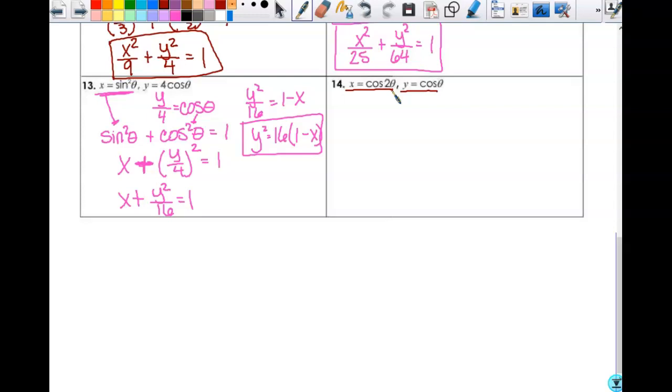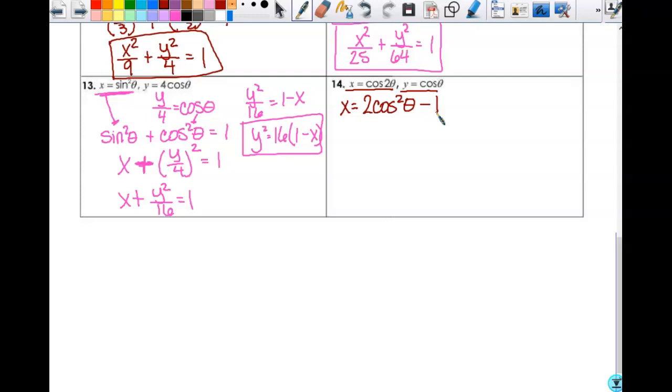If I'm going to try and substitute stuff and actually get rid of all of the trig stuff, then it would make the most sense for me to use the one that only has cosine in it, since this has cosine right here. So I'm going to make this x equals 2 cosine squared theta minus 1.